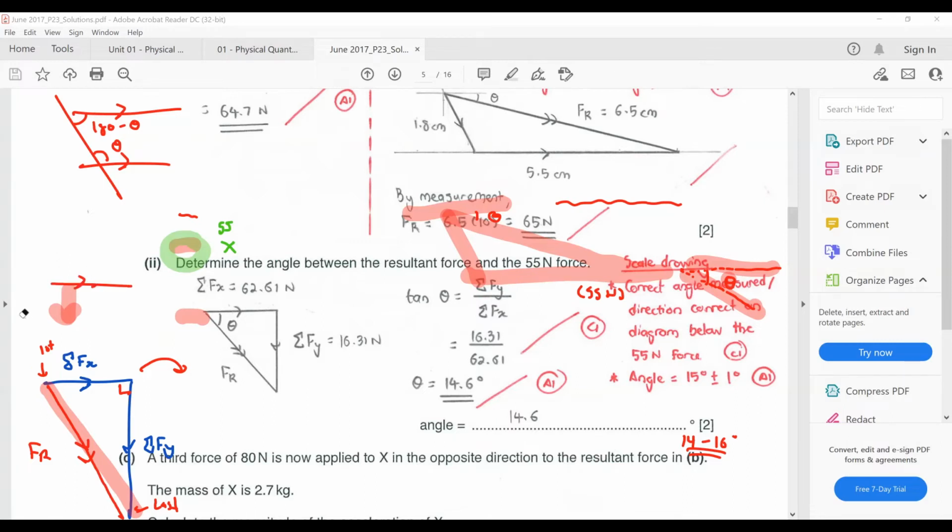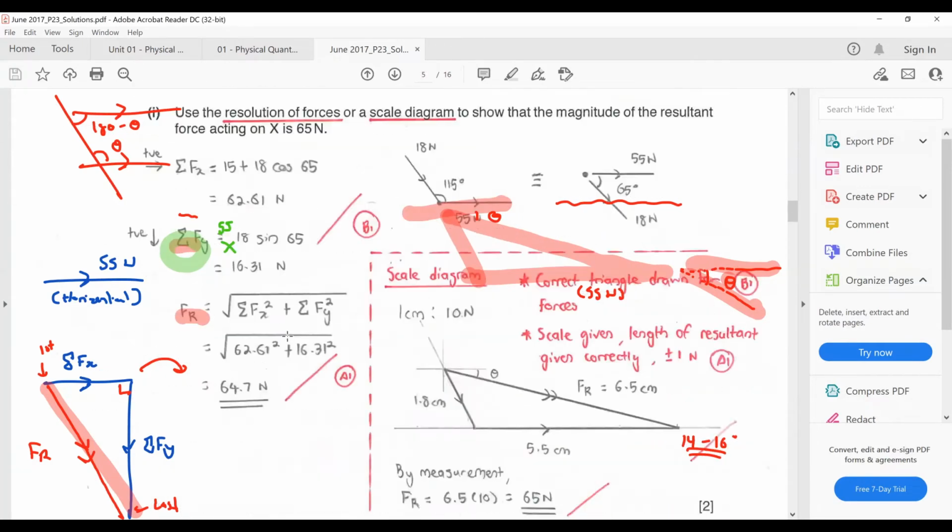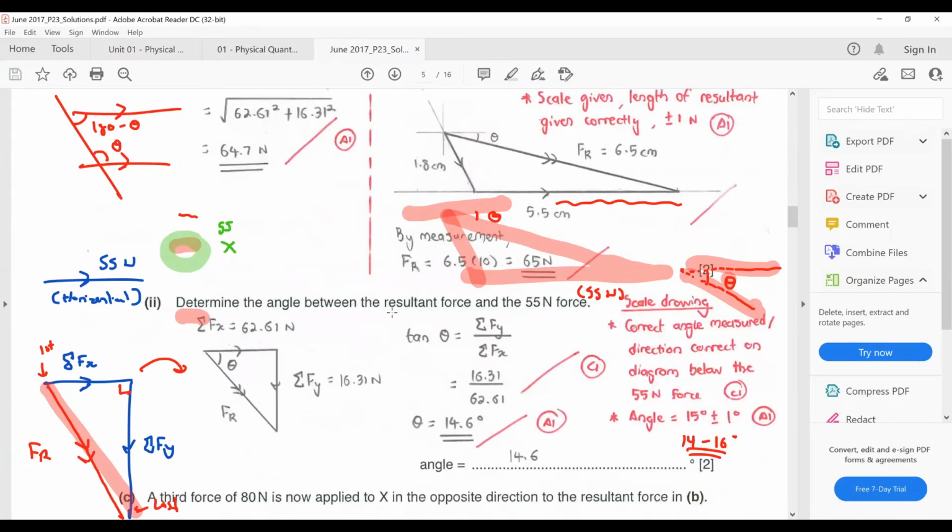If you refer back to the original diagram, the 55 Newton force is actually a perfectly horizontal force, like this. So when they want you to find the angle between the resultant force and the 55 Newton force, it's actually enough if you just find this angle theta here.